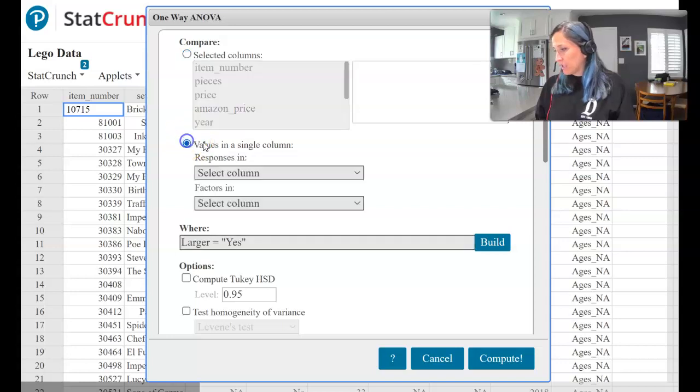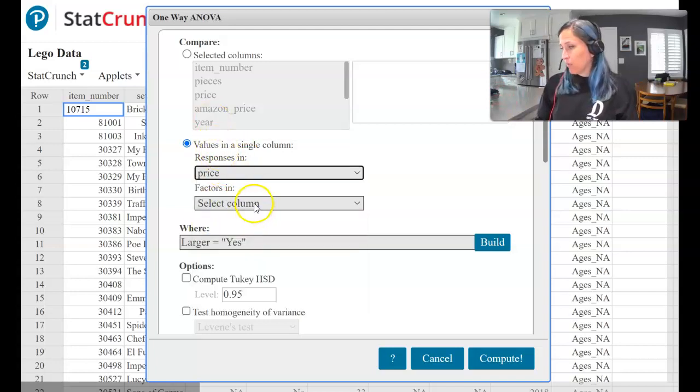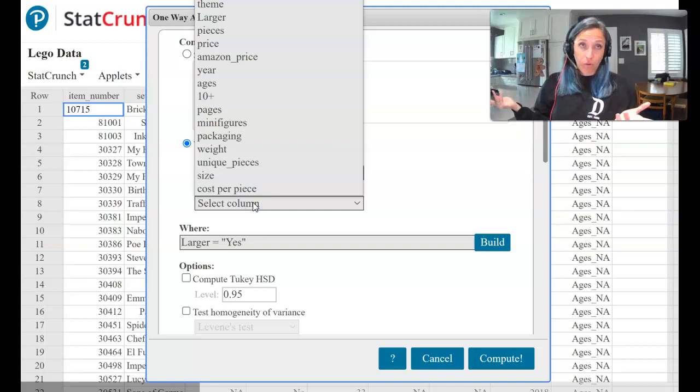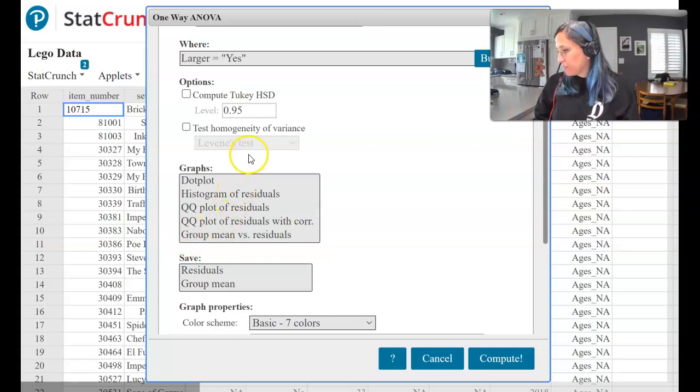Our values are in a single column. Otherwise, we might have a column per group, but we have one column with price and another column to tell us what type of set it is. So the price is the response, the outcome variable. And our different groups, or factors in this case, are our themes. And you'll see, you can do a lot of stuff. We get a QQ plot, and so on.